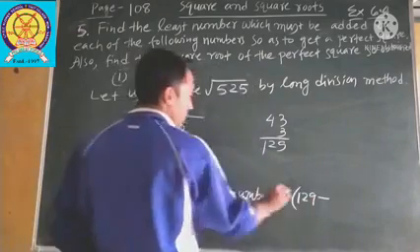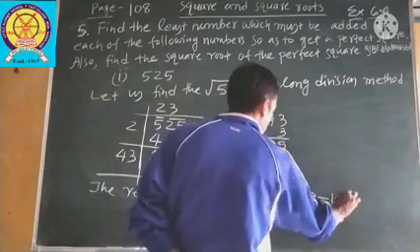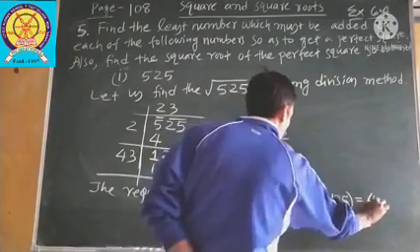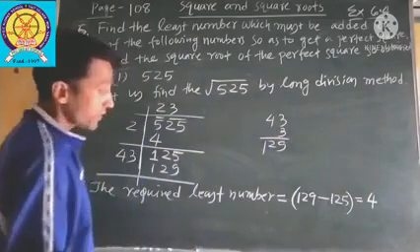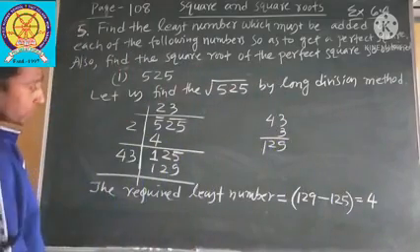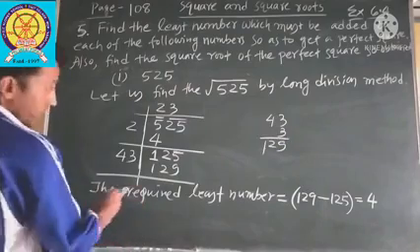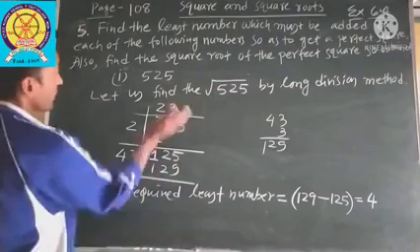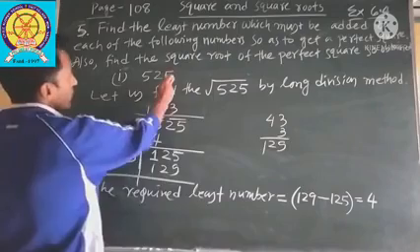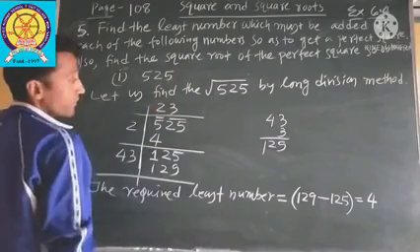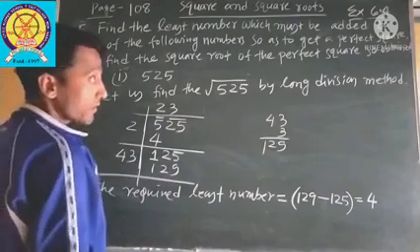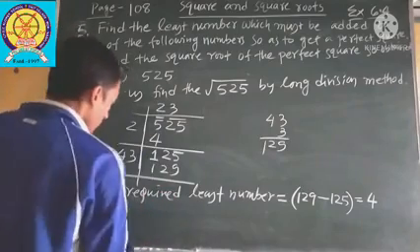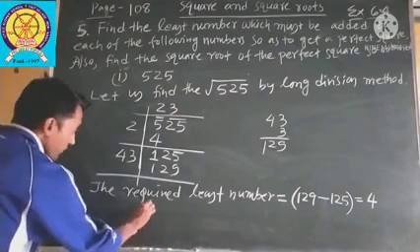You have to subtract 125. How much do you get? 4. 129 minus 125 is how much? 4. That means the required least number is 4. So the least number you have to add with the given number 525, then you will get what? The perfect square number.